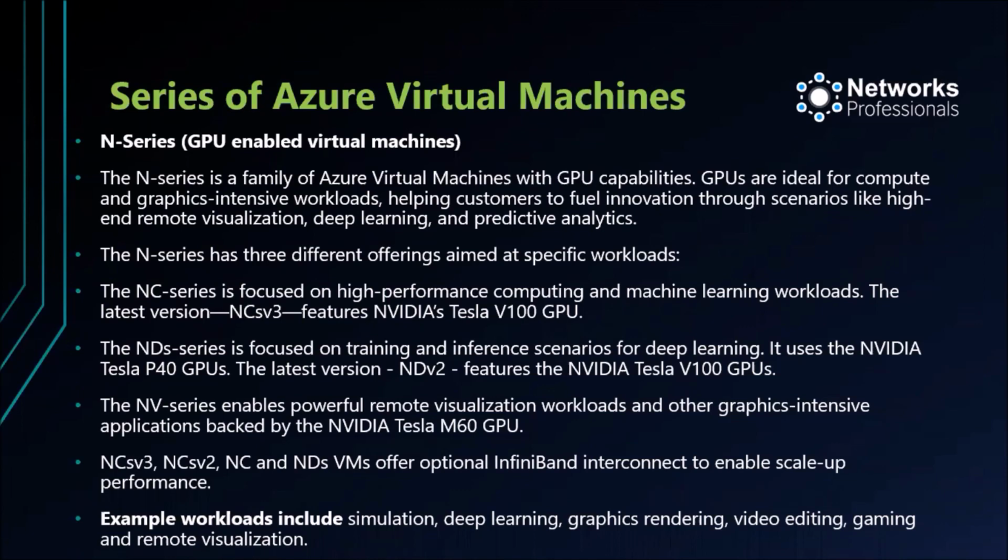It uses the NVIDIA Tesla P40 GPUs. The latest version of ND V2 features the NVIDIA Tesla V100 GPUs. The NV series enables powerful remote visualization workloads and other graphic-intensive applications backed by NVIDIA Tesla M60 GPU.